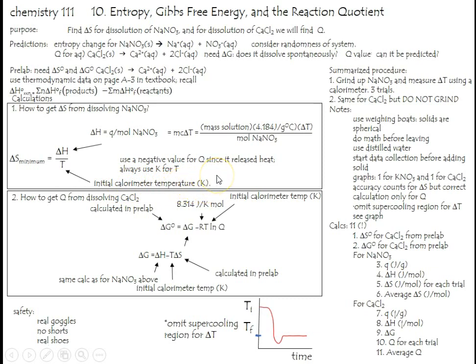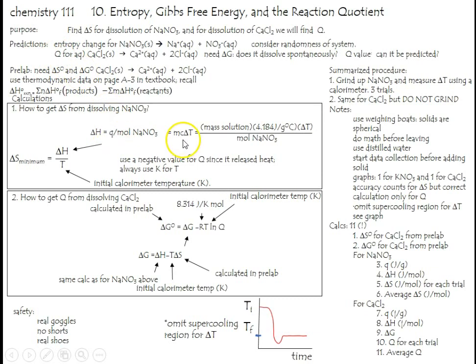I should point out that in terms of the experiment, we'll be simply taking some of the sodium nitrate, grinding it up in a mortar and pestle, and then putting it in a calorimeter to measure the change in temperature. So there's your initial temperature there. Delta H we can get in turn from the change in temperature. The heat evolved, which is little q, well, be careful to differentiate little q, which is heat, from large Q, which is the reaction quotient.